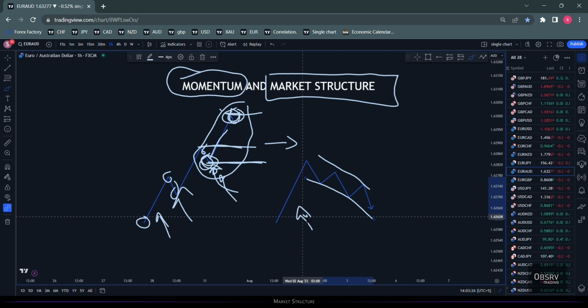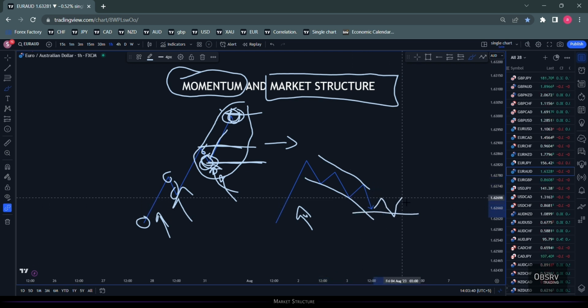The logic of the break of structure is that in your pullback, the market is putting in lower highs and lower lows, and then that structure turns into no lower low. It turns into equal highs, or maybe a little bit of a higher high. That is the break of structure. That is what people refer to as BOS.